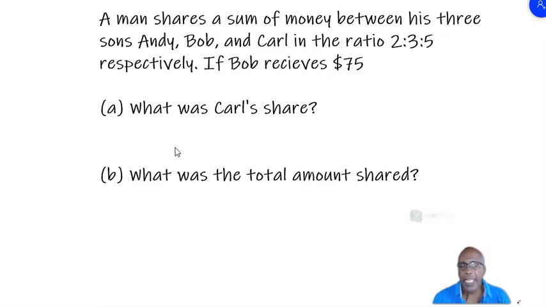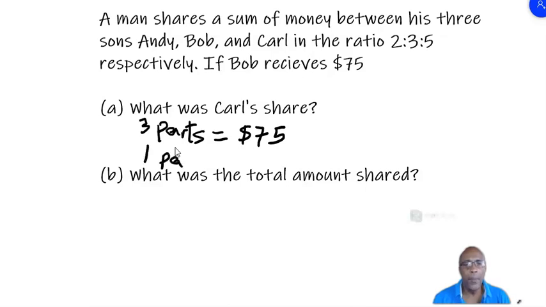Remember, Bob is the middle part. Bob receives 3 parts. So it means 3 parts equal $75. And therefore, 1 part would be 75 divided by 3, which is $25.